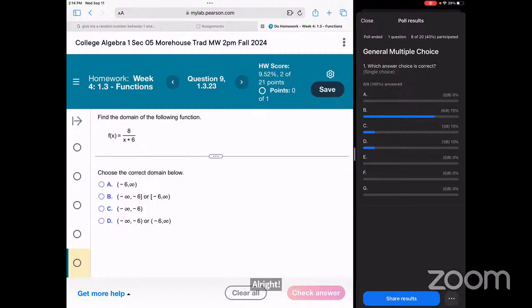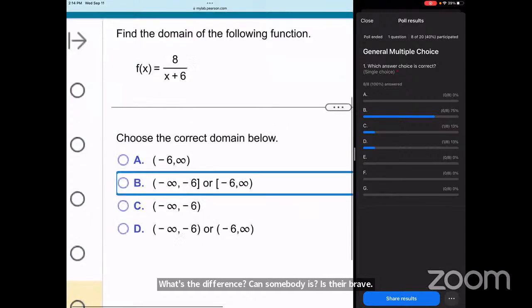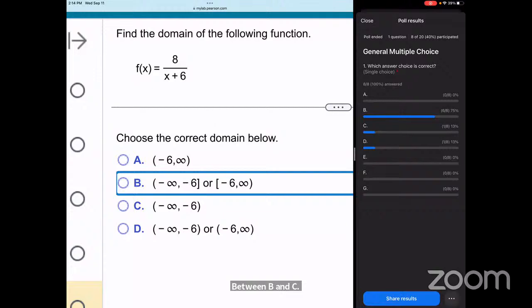Okay, so if you put B, you're close, but no cigar. Is there a brave soul that can explain the difference between B and D? If we look at the original, we want to remove any x that makes the denominator 0.